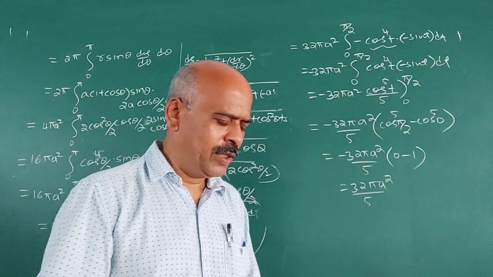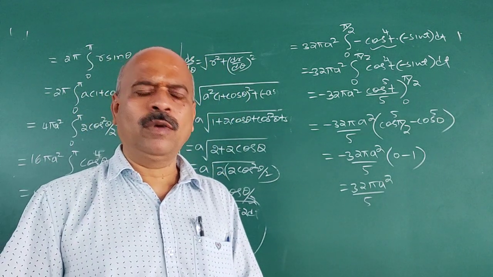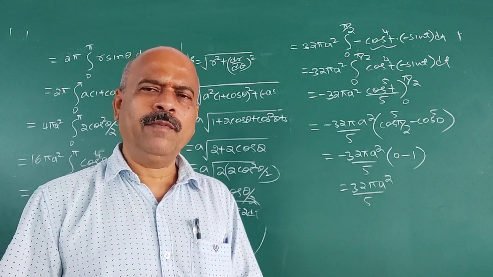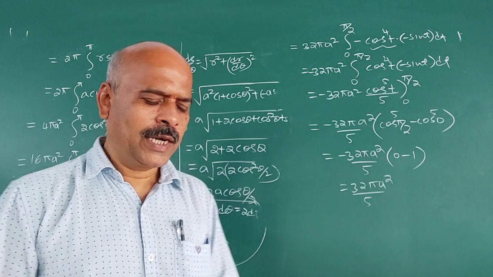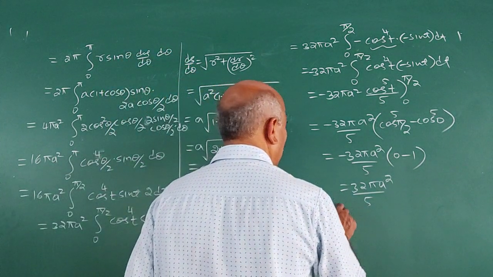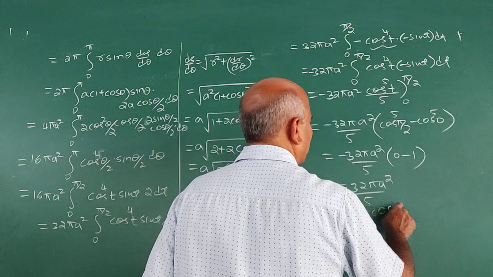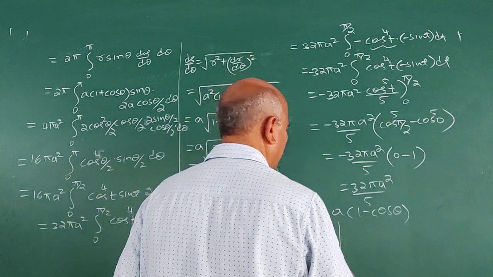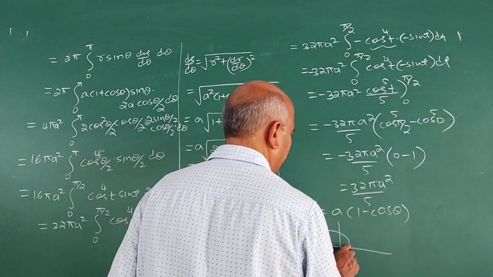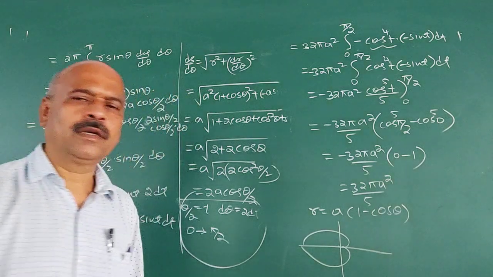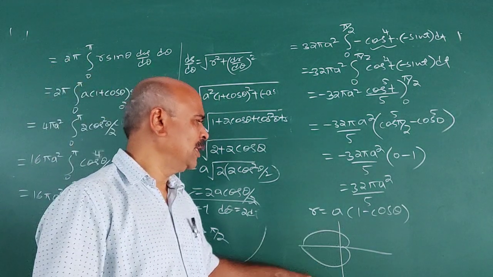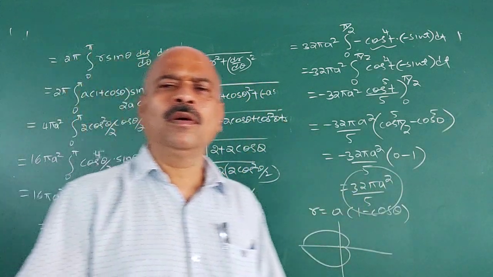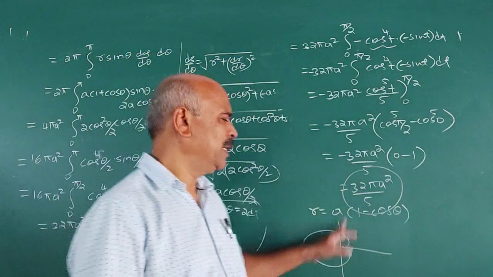To take one example here, find the surface of the solid formed by revolution of the cardioid r is equal to a into 1 minus cos theta about the initial line. What is this cardioid? This cardioid will be like this. This is the cardioid, and it is revolved about the initial line. The answer will be the same, 32 pi a square upon 5. That is the surface area.